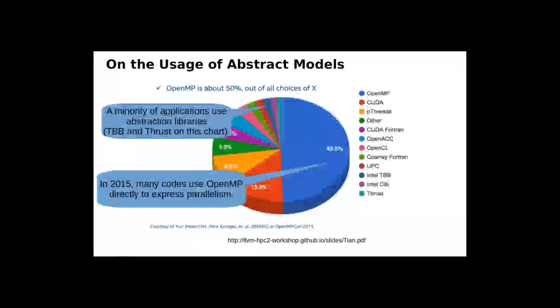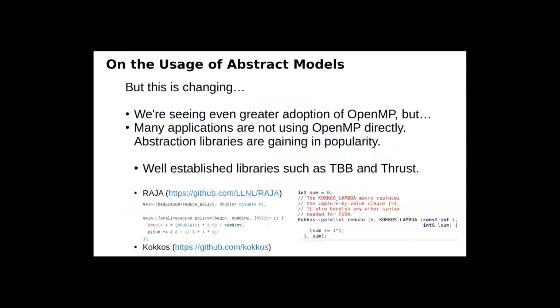A much smaller percentage of people were using any kind of abstraction library. But this is changing. We are seeing even greater adoption of OpenMP, but many applications are not using OpenMP directly, and abstraction libraries are gaining in popularity.